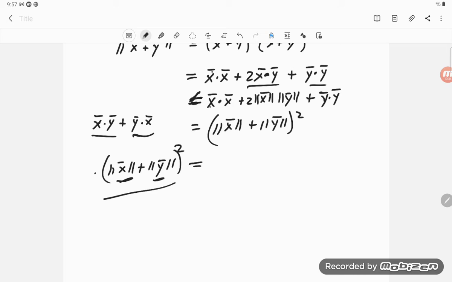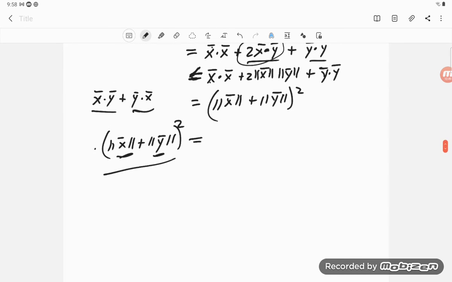And again, whether I use the plus or the minus, the Cauchy-Schwarz inequality has an absolute value on that, so I'm all set. And so there's our proof of the triangle inequality.